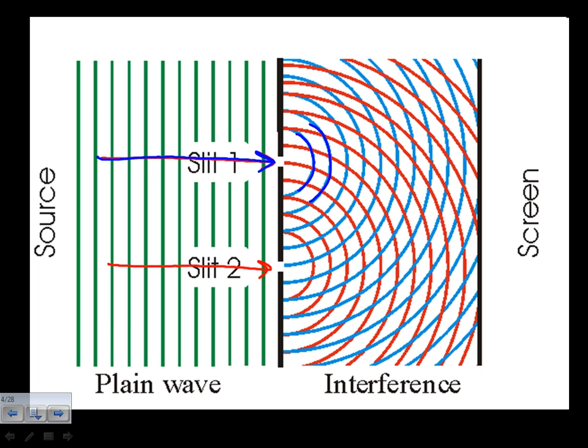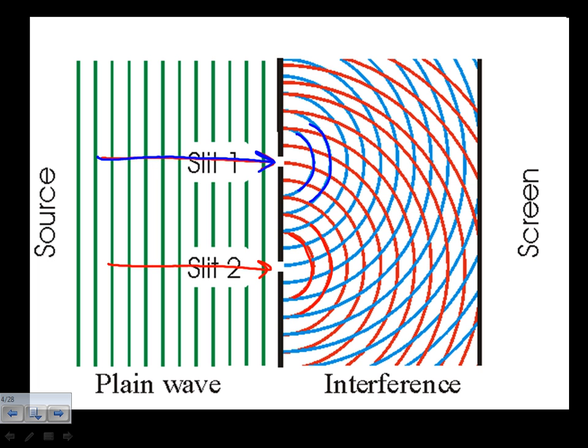And then through the bottom slit with the red, we see the red go through and spread out. We see diffraction through each. Now, it's the overlapping of those two diffraction patterns that gives us our interference on the screen.